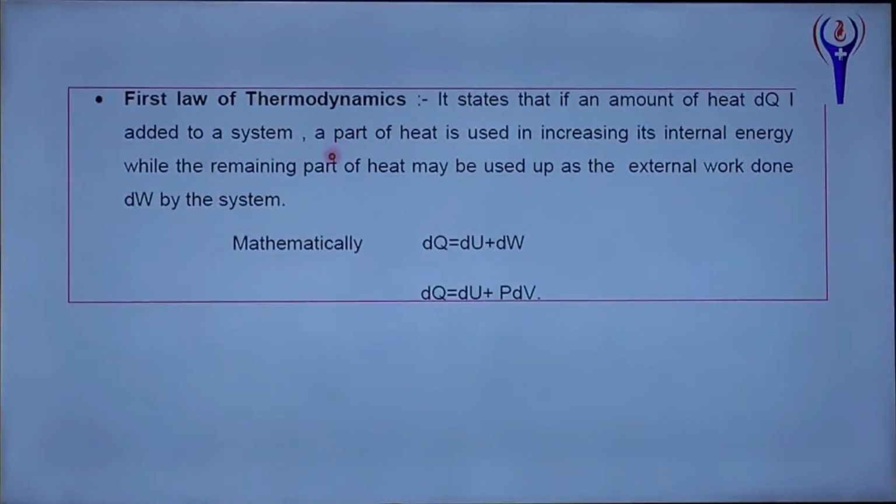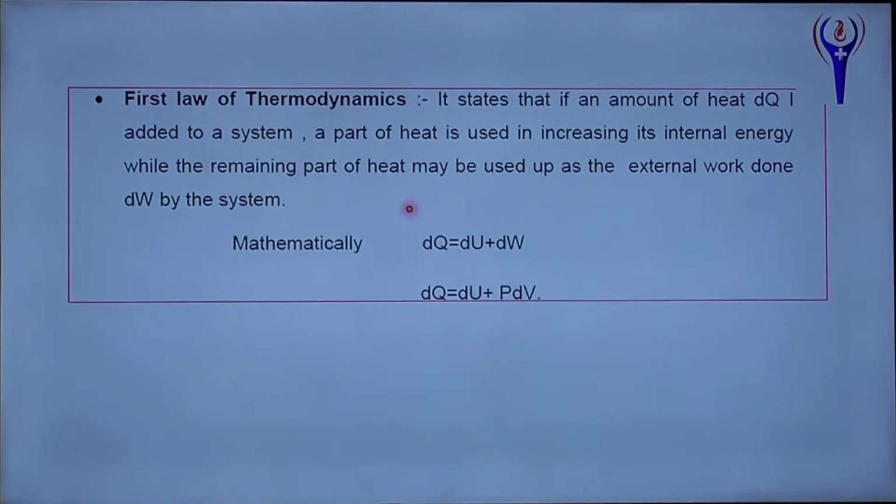First law of thermodynamics. The first law of thermodynamics states that when an amount of heat dq is added to a system, a part of the heat is used in increasing its internal energy, while the remaining part of the heat may be used up as the external work done by the system.